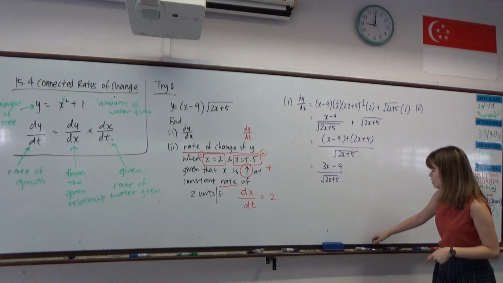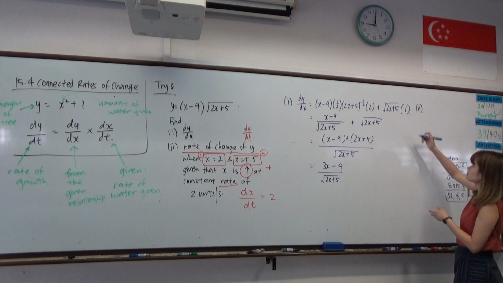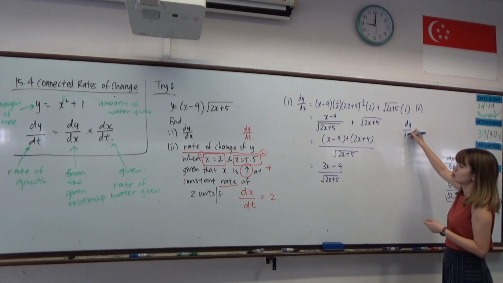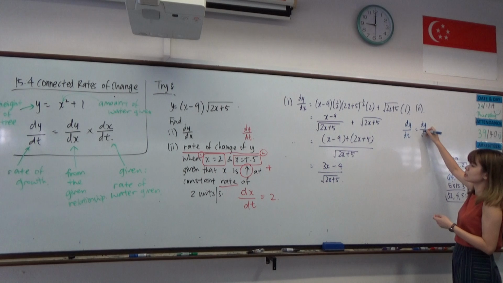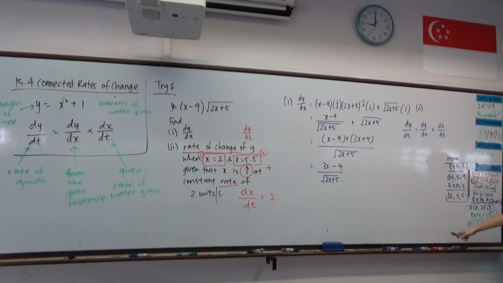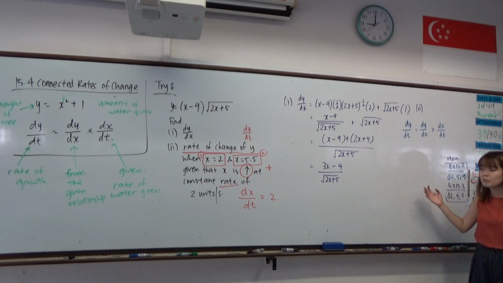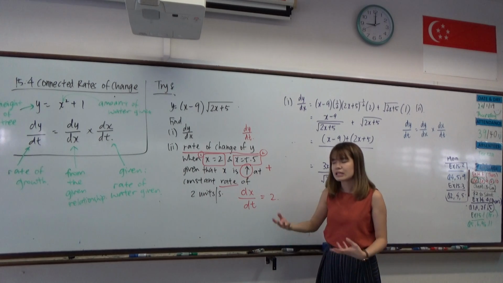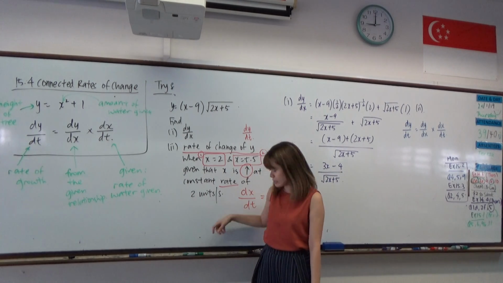So to find the answer, dy over dt will be equals to dy over dx times dx over dt. If you notice, this formula satisfies some form of algebraic understanding.